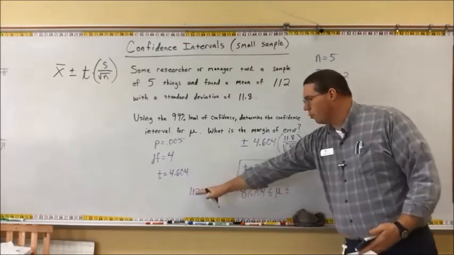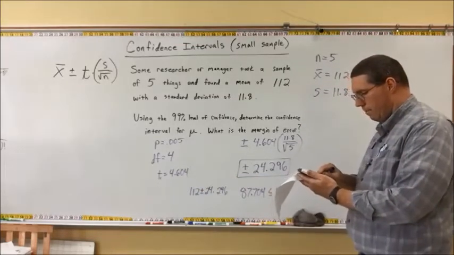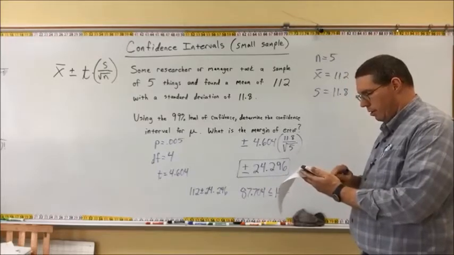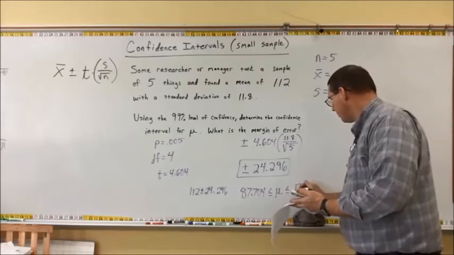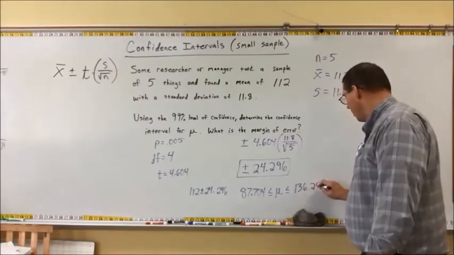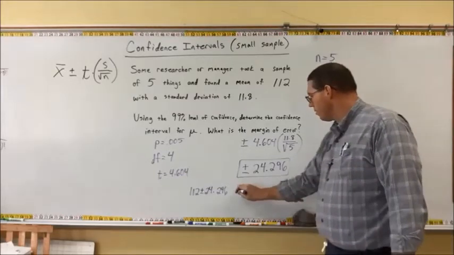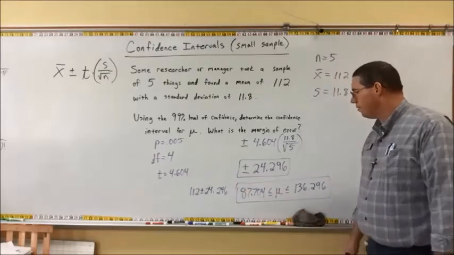Now we're going to do 112 plus 24.296 gives me 136.296. And this is our confidence interval.